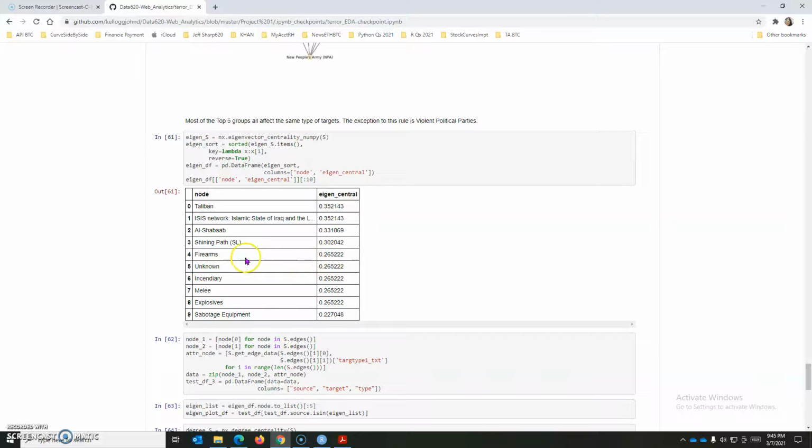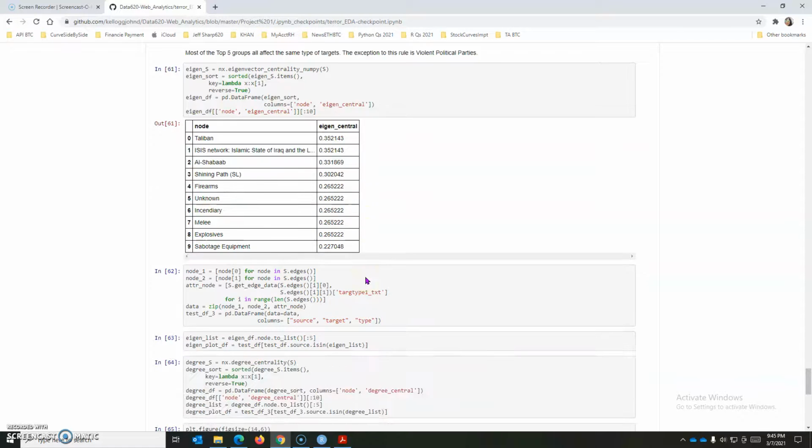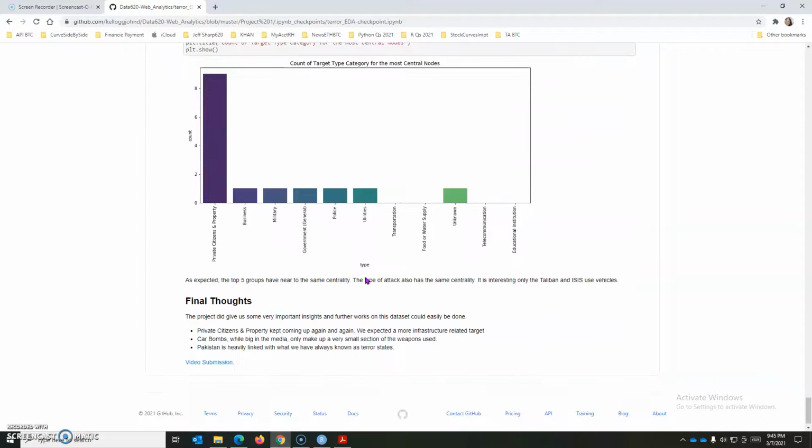And firearms, not surprisingly, due to their easy access and cheap expense, are the most central ones among the others.